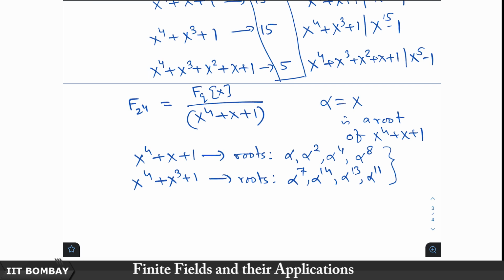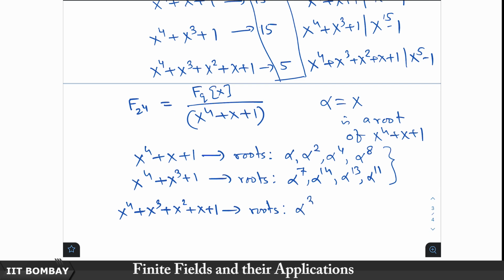Alpha is a primitive element, then these powers are all relatively prime to 15, and hence these other elements are also primitive elements.